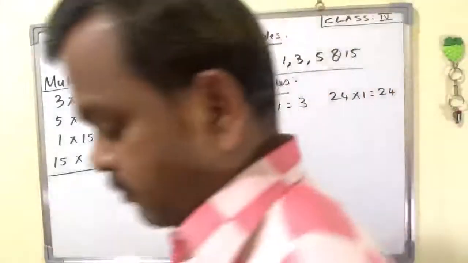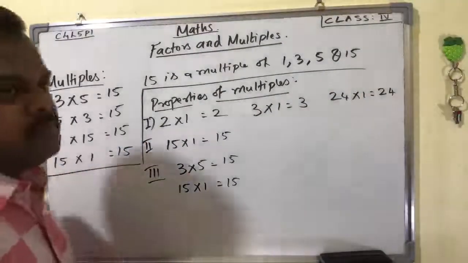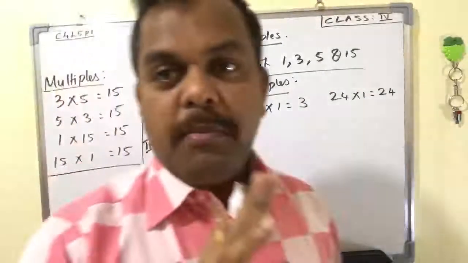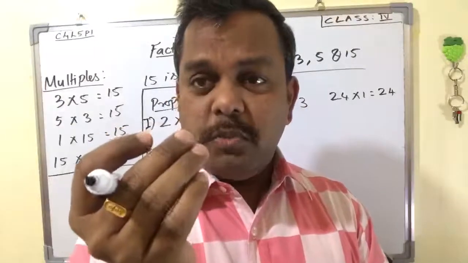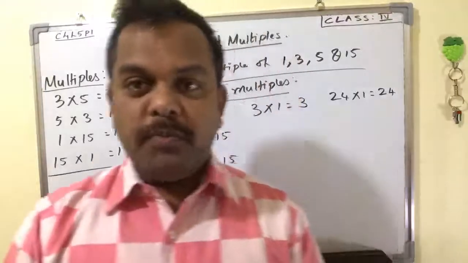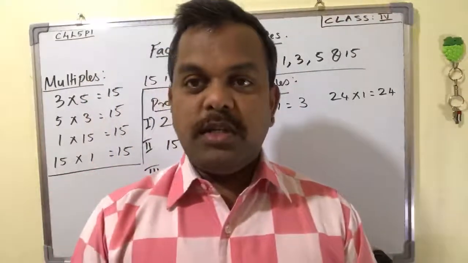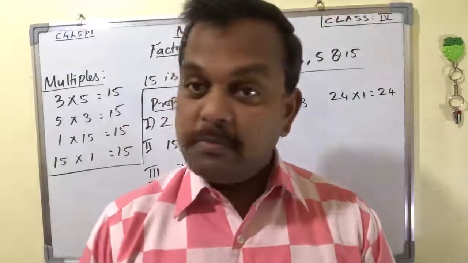Next one. A number has uncountable multiples. For your understanding, I will take one small number, 2. Table 2, you know. 1 2 is 2, 2 2s are 4, 3 2s are 6, 10 2s are 20, 11 2s are 22.